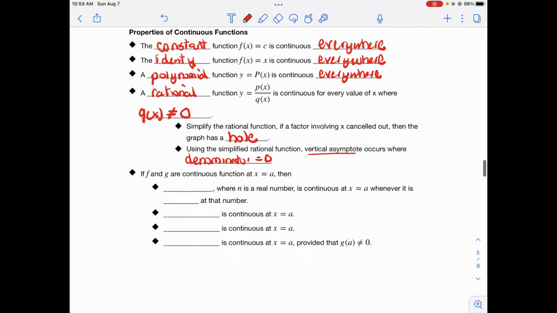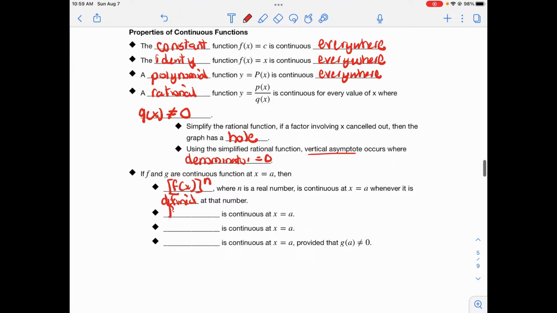Now, if f and g are continuous functions at x equals a, then the following will also be continuous. If you take f of x and raise it to a power n, where n is a real number, this is continuous at x equals a, wherever it is defined at that number.